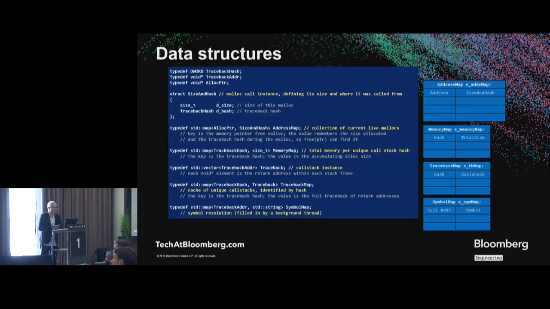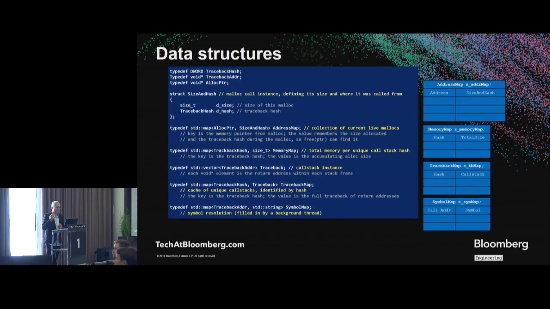So these are what our data structures look like. Pretty simple. We have this descriptor for a malloc, which tells us the size of the malloc and the unique call stack it was actually called from. We have this collection called address map type of current live mallocs looked up by the allocation pointer. We have this other map, which is per unique call stack, accumulating size of memory allocated, and that's memory map here.